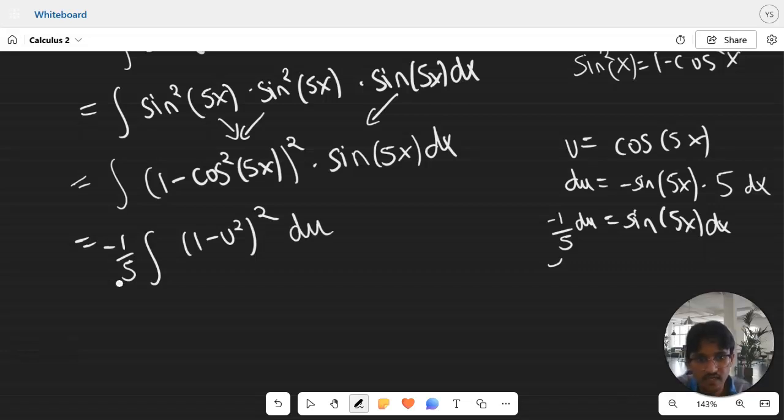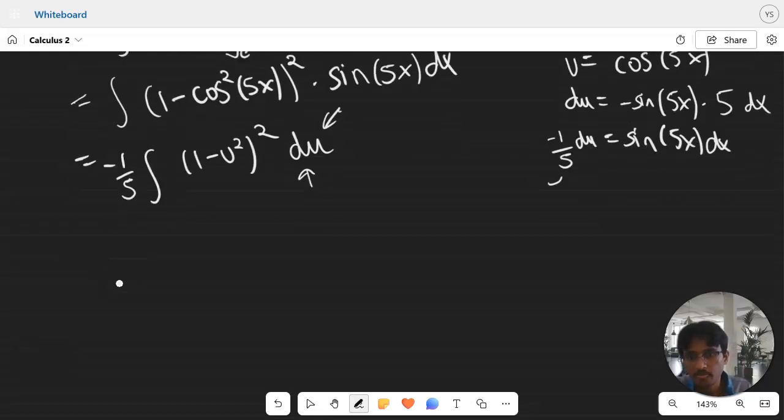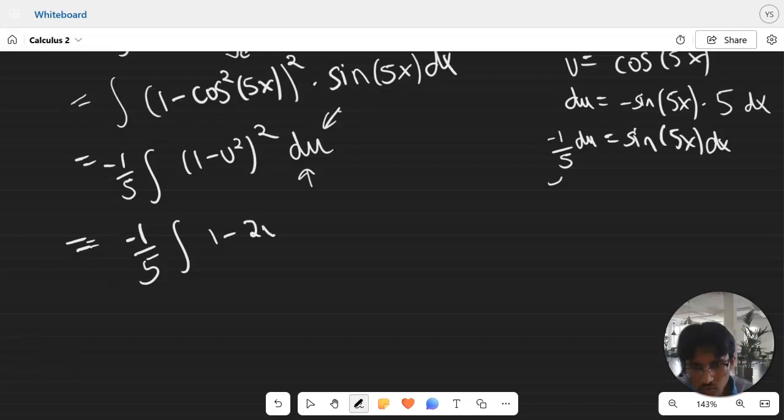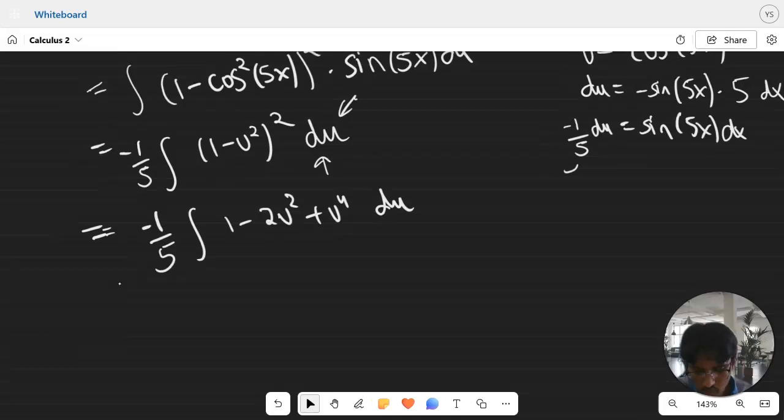Because sine of 5x dx we sub in with this du. Now our answer is going to look something like negative 1/5 integral of 1 minus u squared to the whole square. We can FOIL that out. That's going to be 1 minus 2u squared plus u to the 4th du.